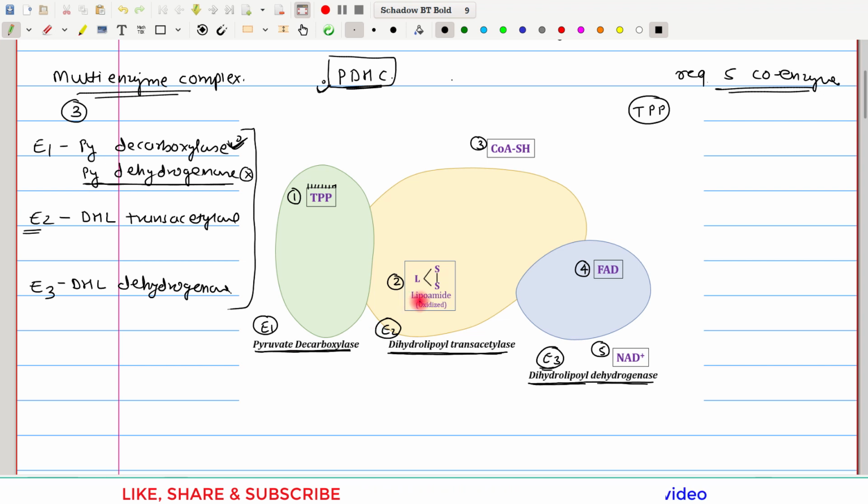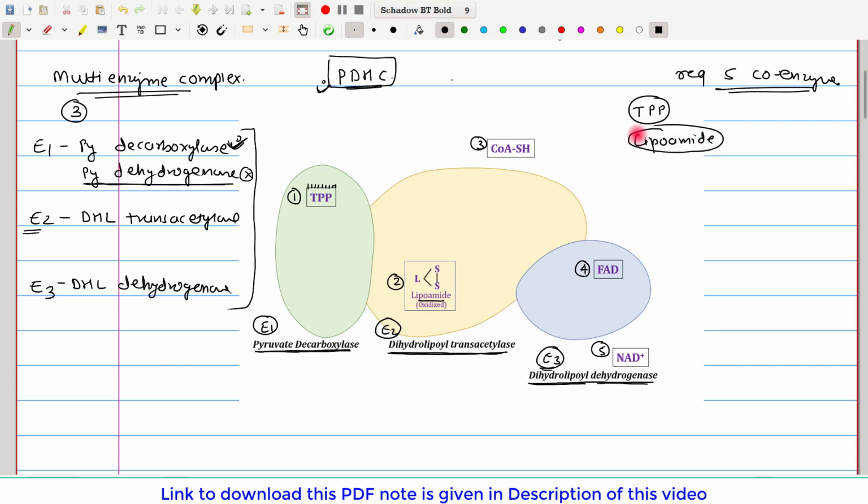The second coenzyme is lipoamide. This lipoamide is also covalently bound to this enzyme complex, but here it is bound with the dihydrolipoyl transacetylase, right? Now, what is lipoamide? This is an enzyme, and we know that all enzymes are proteins, right? So, once it is a protein, it is of course an amino acid chain. Suppose this is the amino acid chain. In the chain, a lysine is present at one particular location.